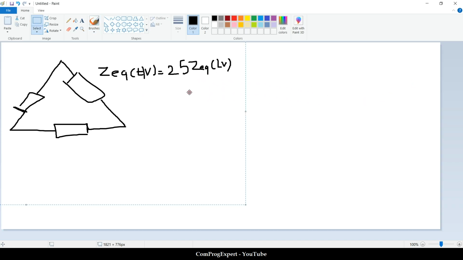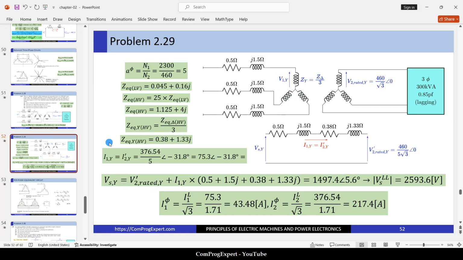What are the corresponding values for the star connection? We should divide this by 3. Z equivalent for the Y connection on the high voltage side is equal to Z equivalent for the delta connection on the high voltage side divided by 3.